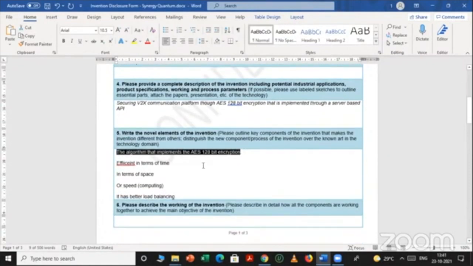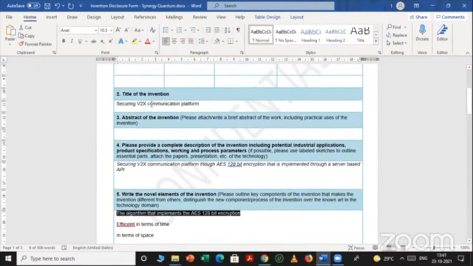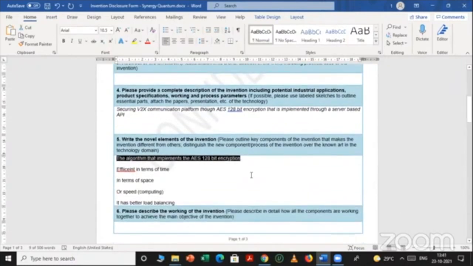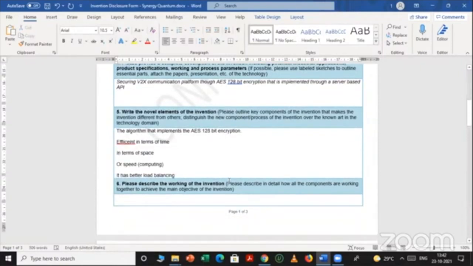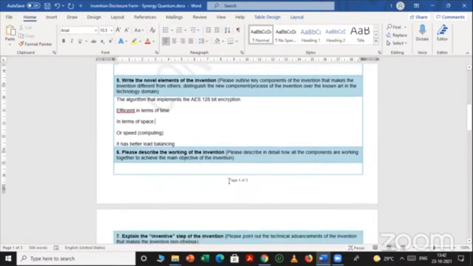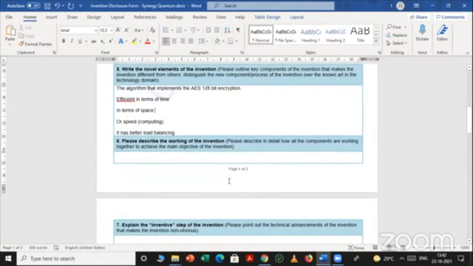But how is it different from other existing or legacy algorithms? So here you can argue that your algorithm is novel in terms of space, in terms of computing speed, in terms of load balancing on the system. These can be novel elements that you have to brainstorm and write properly. Then the sixth point is the working of the invention.